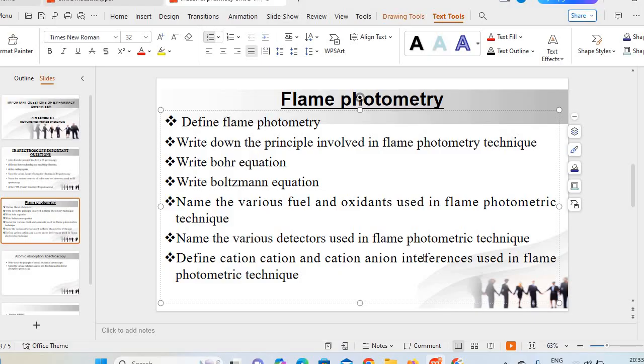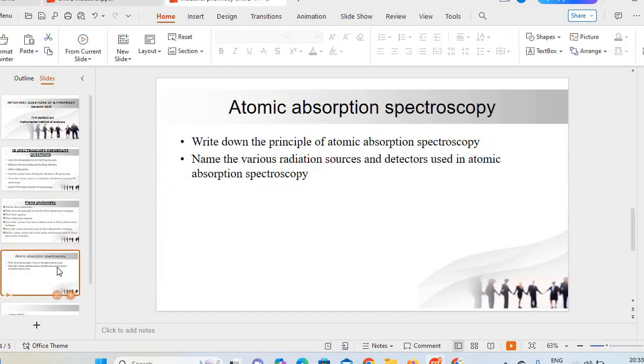They can ask the difference, or they can ask to define cation interference or define cation-anion interference. The last topic from this unit is atomic absorption spectroscopy. From atomic absorption spectroscopy, 2 questions can come in the exam: write down the principle of atomic absorption spectroscopy, and write down the radiation sources and detectors which are used in atomic absorption spectroscopy.